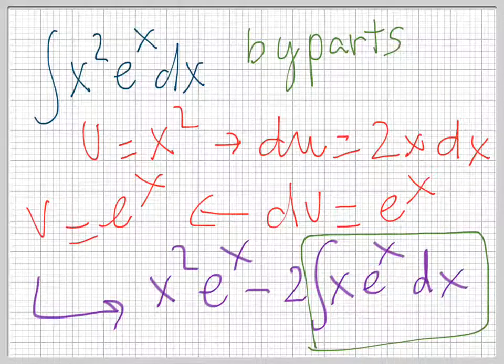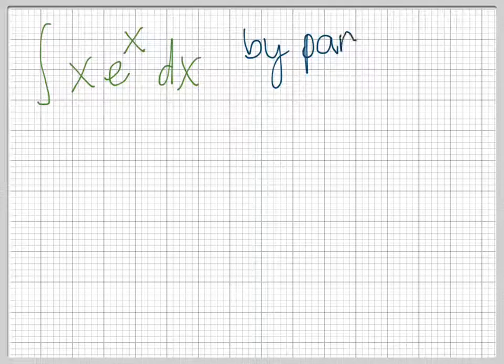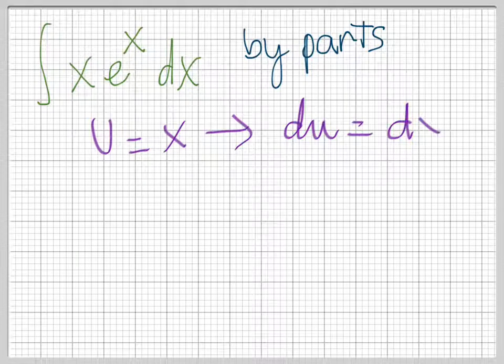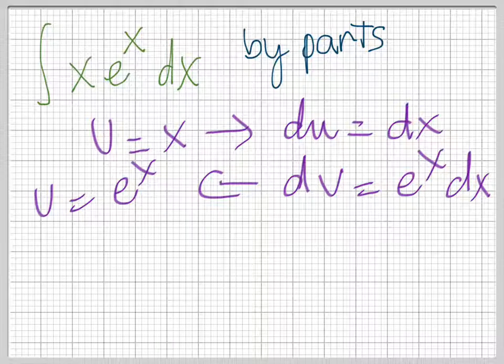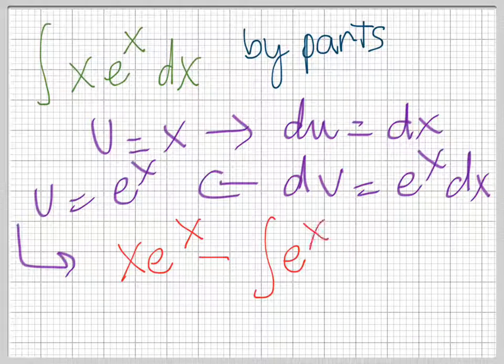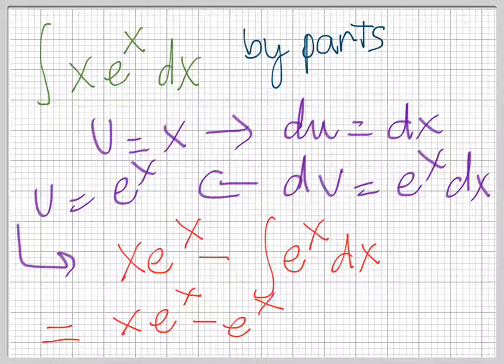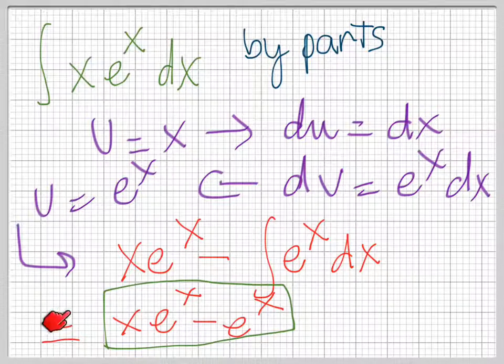And now again, we still have another integral to find. Then again, we use integration by parts, u equals x, dv equals e to the x, and we get the answer for this integral, which is x times e to the x minus e to the x.